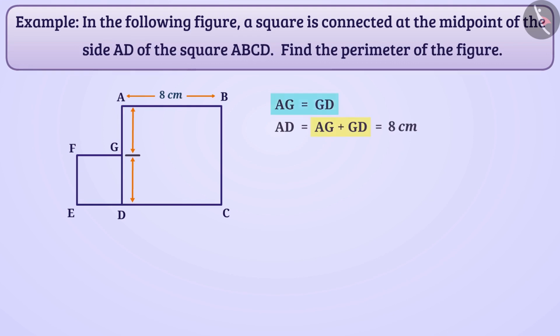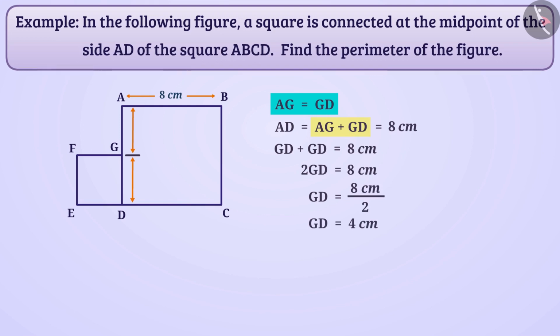Since AG is equal to GD, GD plus GD is equal to 8 cm. Twice GD is equal to 8 cm, so GD is equal to 8 cm divided by 2 is equal to 4 cm. That is, the length of the side GD of square DEFG is 4 cm and the length of the side AG is also 4 cm.